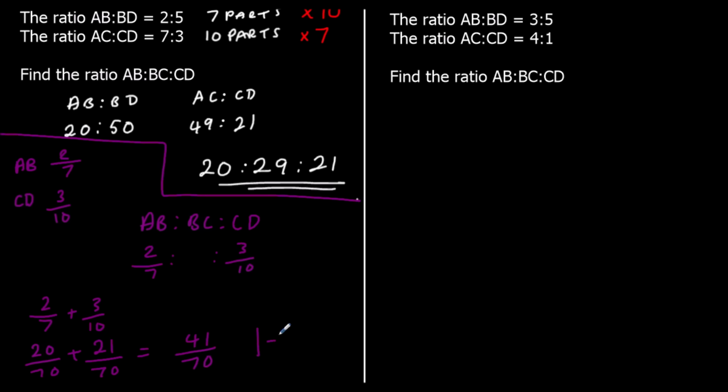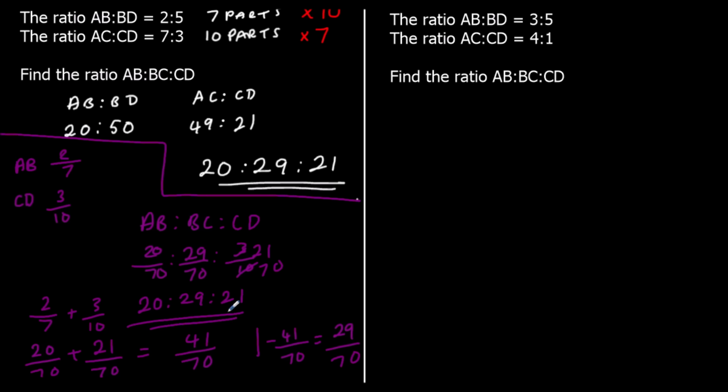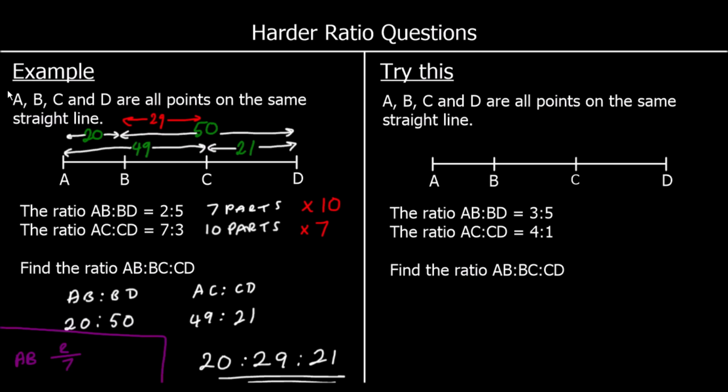So 1 minus 41/70 would be 29/70. So we've got 20/70, 29/70, 21/70, which is 20 to 29 to 21. It doesn't matter which method you use, either way will get you the right answer.